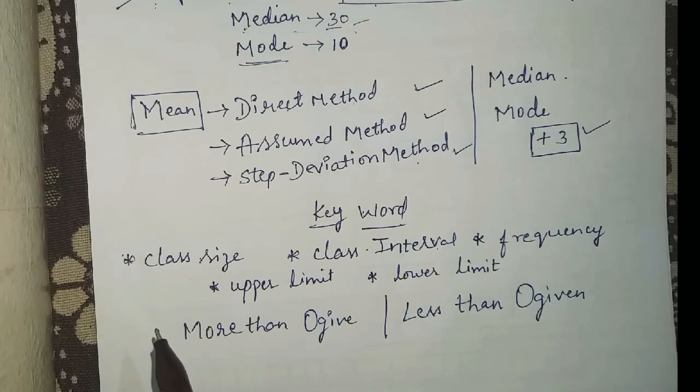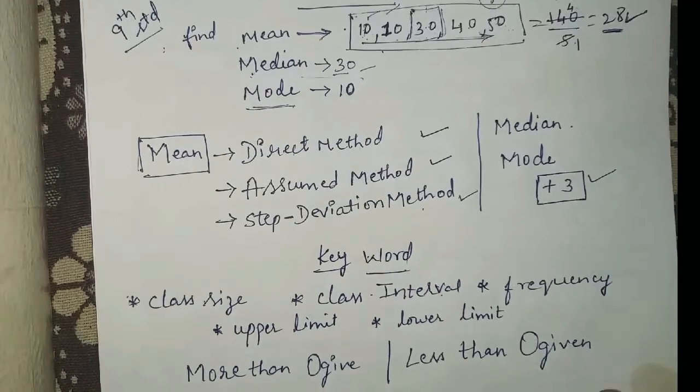Got it? In this chapter, one more new topic you will learn is graphs: the more than graph and the less than graph. A very important graph. In the board exam they ask it for 3 marks. So you need to learn the more than graph and less than graph.